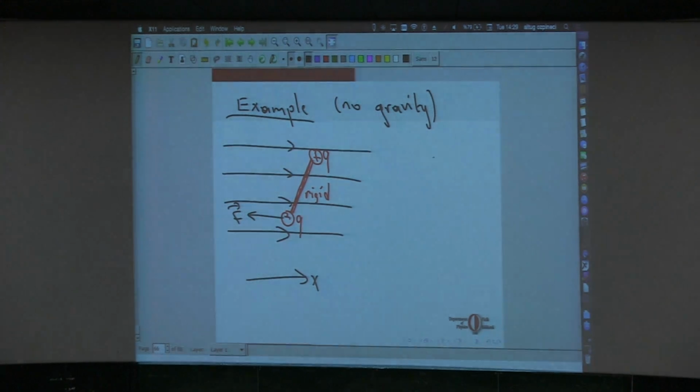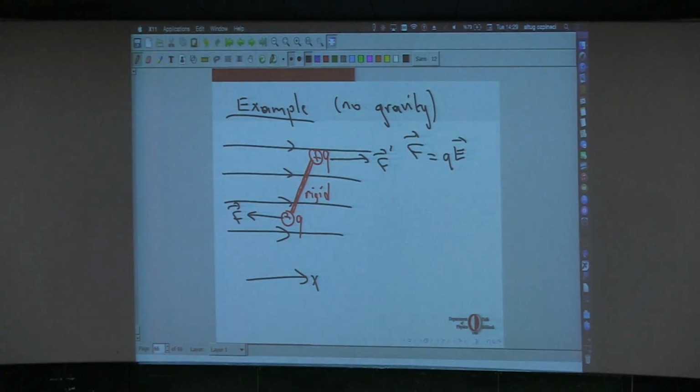Well, remember the force is Q times E. So for a positive charge, Q is a positive number, and if you multiply a vector with a positive number, it points in the same direction. For a negative charge, you are multiplying a vector with a negative number, so it will be pointing in the opposite direction. So for the negative charge, the force is in the opposite direction of the electric field. For the positive charge, the force is in the same direction as the electric field.